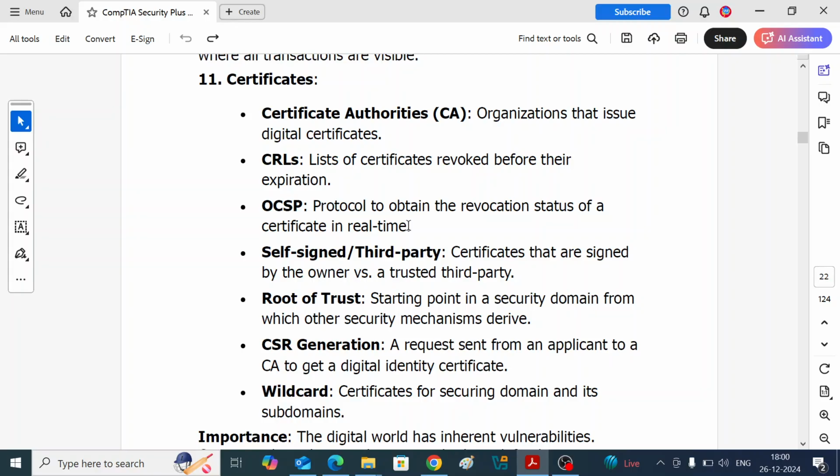So for example, you get into a site, you see they have a certificate, but you can also check if the certificate is still active or has been revoked by the certificate issuing authority, like DigiCert, GoDaddy, and there are many others.